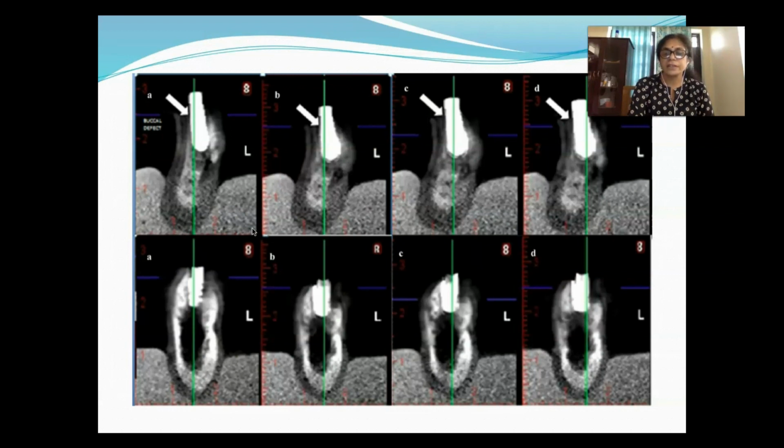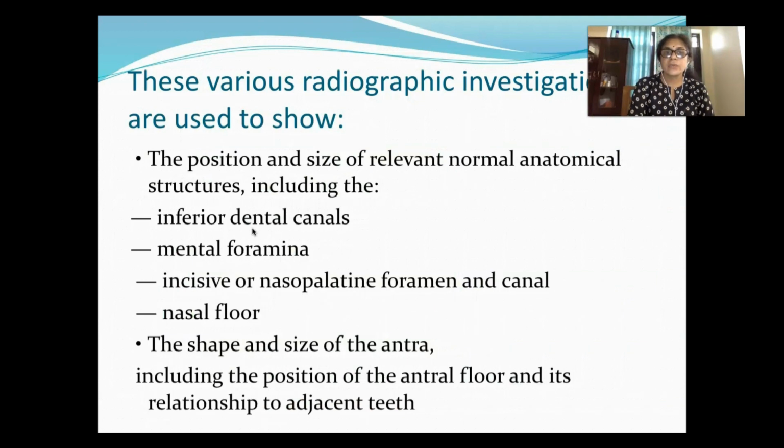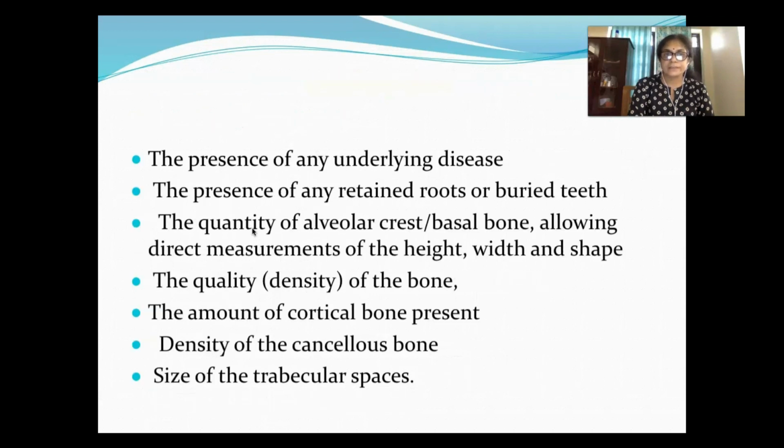These various radiographic investigations are used to show the position and size of relevant anatomical structures, including inferior dental canals, mental foramen, incisive or nasopalatine foramen and canal, nasal floor, shape and size of the antrum including the position of the antral floor and its relationship to adjacent teeth.